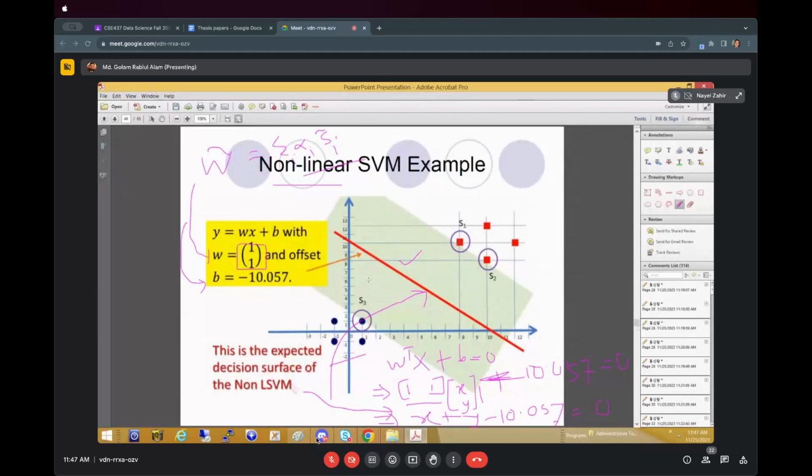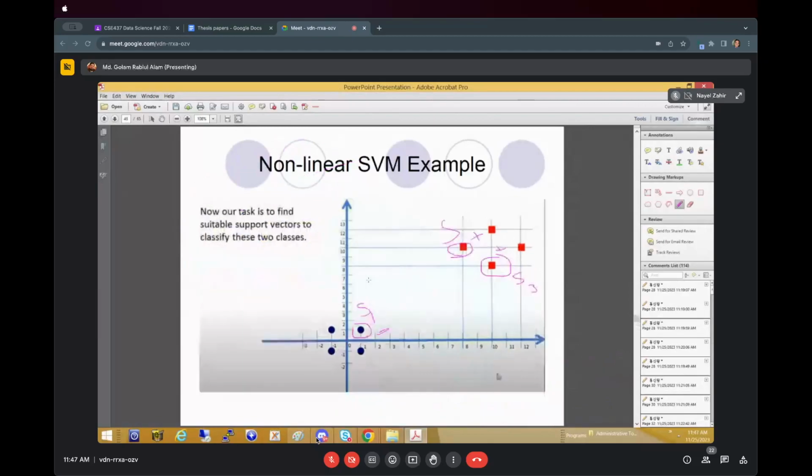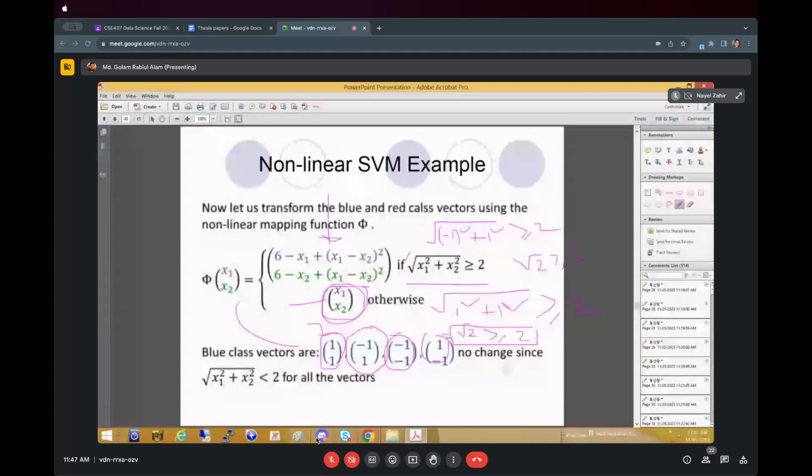But the problem here is, as we already mentioned, we need to find out the equation. That equation we usually call the kernel trick, or you can say mapping function. So we need to find out the mapping function or kernel trick, and this is not universal. That means we cannot say that for every problem we can use this function to transform.